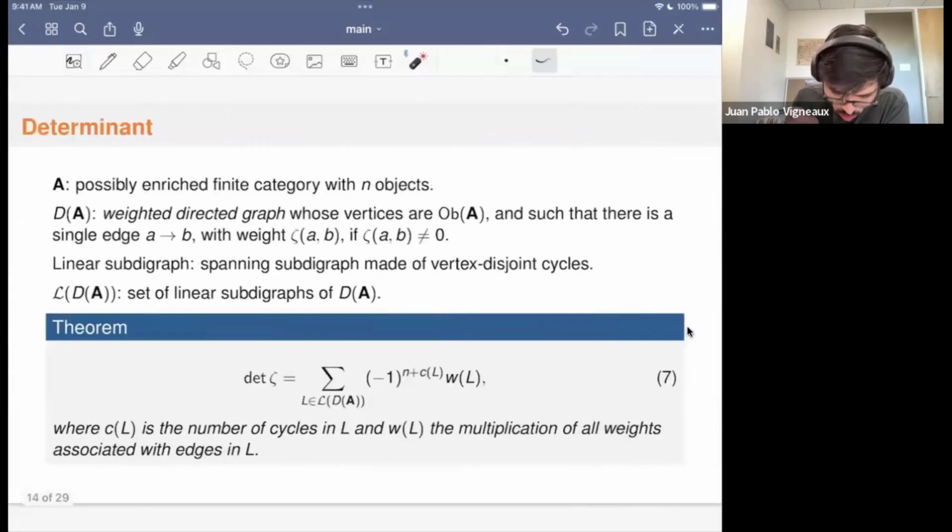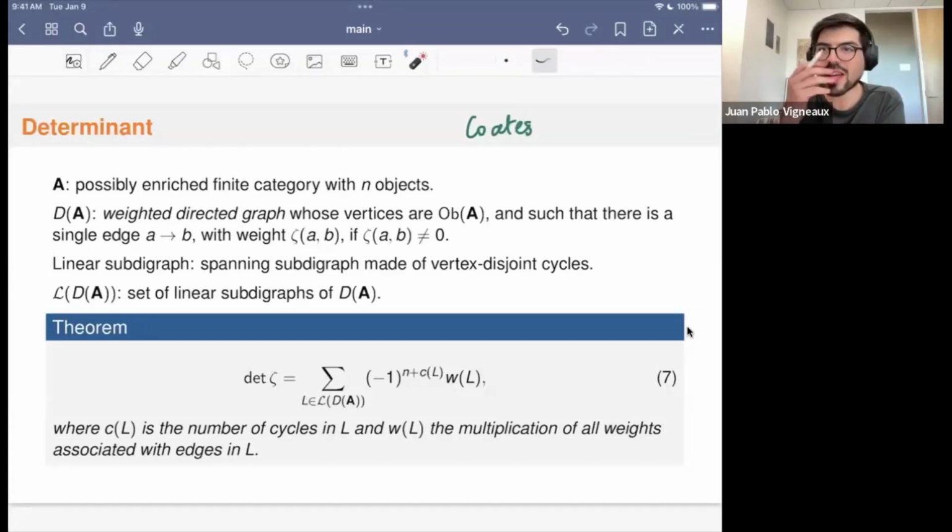So why? Let's start with what happens with the determinant. There is something that is called combinatorial linear algebra, and it can maybe be traced back to the 1920s or so. I think it was first introduced by Coates.